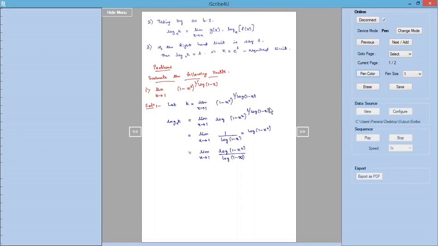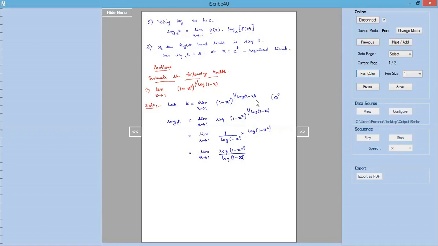Now if we apply the limit as x tends to 1 to the given question form, it was in the form of 0 power infinity. Let us observe as x tends to 1: 1 minus 1 in the base is 0, so we had 0 power 1 by log of (1 minus 1). 1 minus 1 is 0, so log 0 is infinity, and 1 by infinity will be 0.